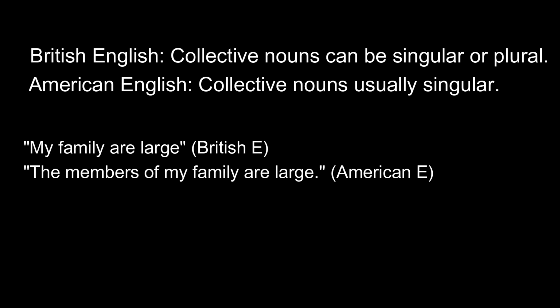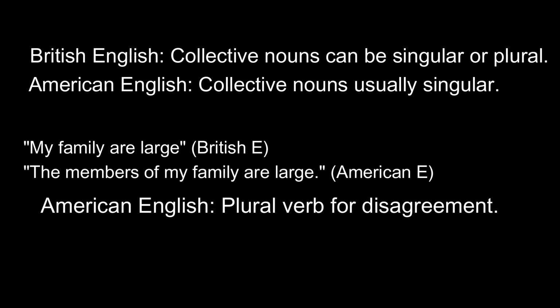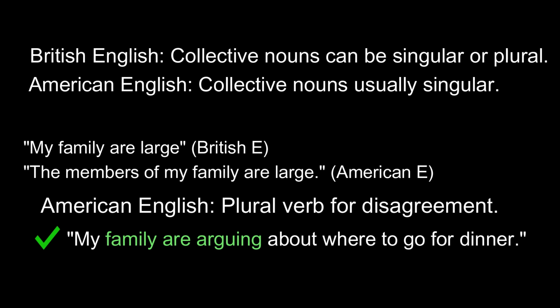For example, instead of saying, my family are large, Americans would typically say, the members of my family are large. However, when a collective noun describes a situation involving disagreement, division, or individual action, a plural verb is often used, even in American English. For instance, my family are arguing about where to go for dinner.